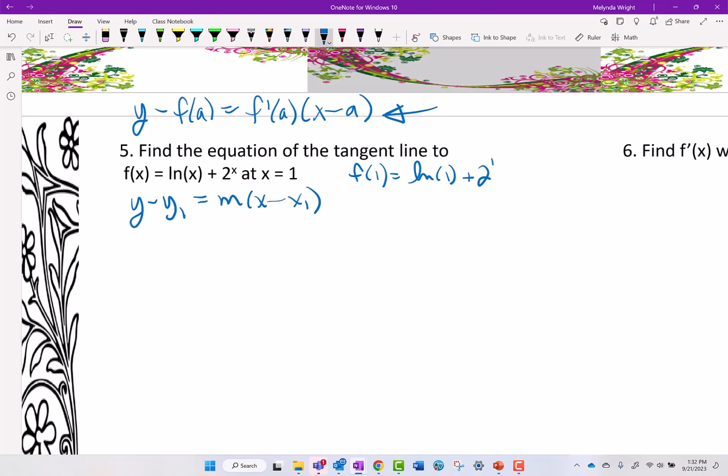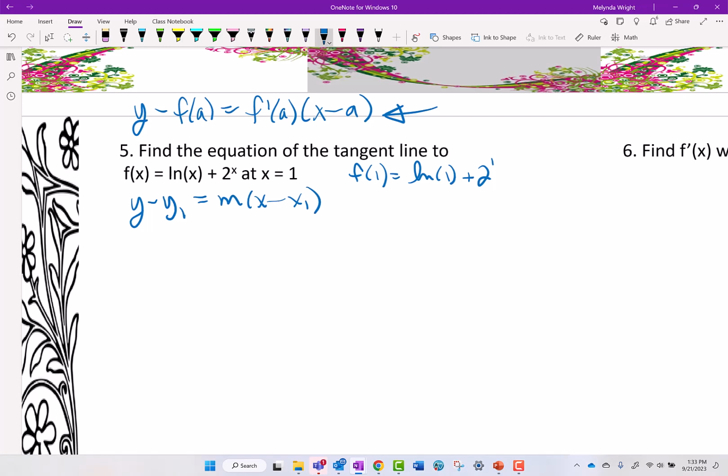Now, there are some natural log values that you just have to memorize. There's no way around it. We need to know what ln e is. We already talked about that today, right? ln e is 1. We also need to know what ln 1 is. Do we remember what ln 1 is? ln 1 is 0.